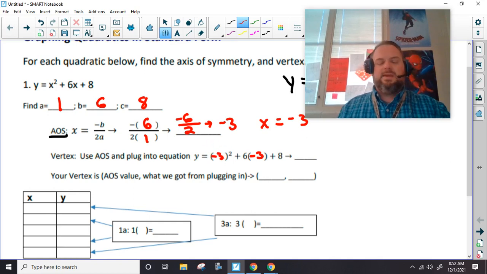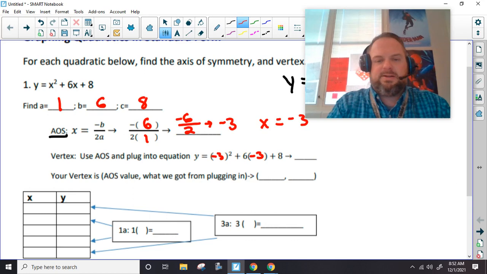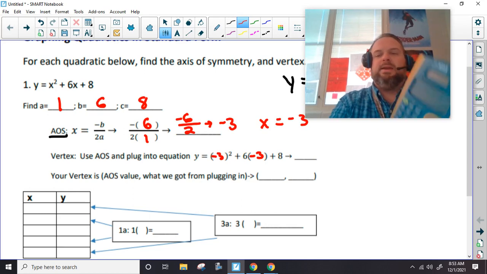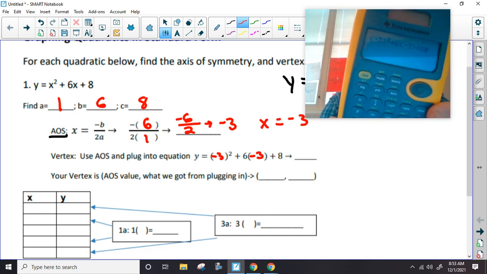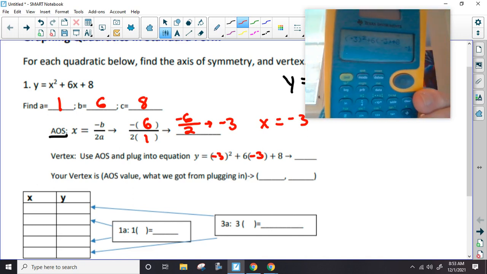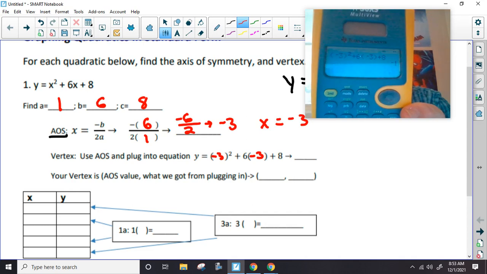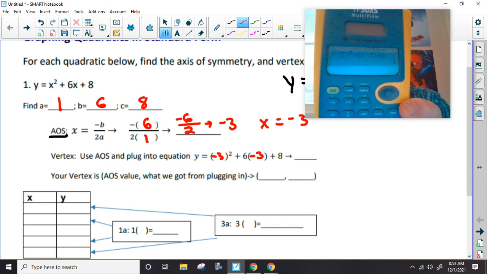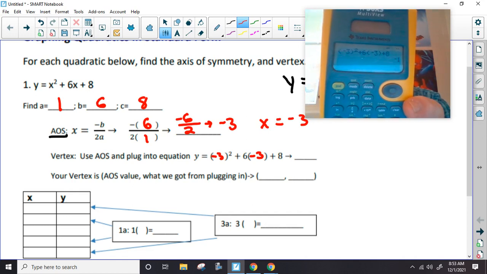All right. So when we enter this into our calculator, okay, you should get negative 1. Remember, you have to use the parentheses around everything. Yes. What's negative 3 squared?